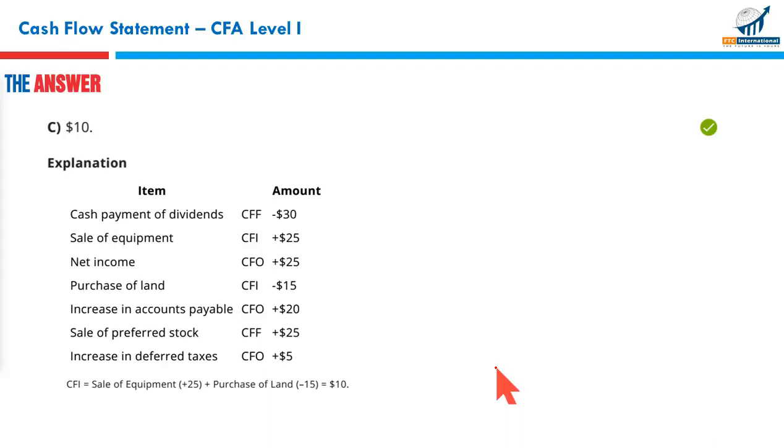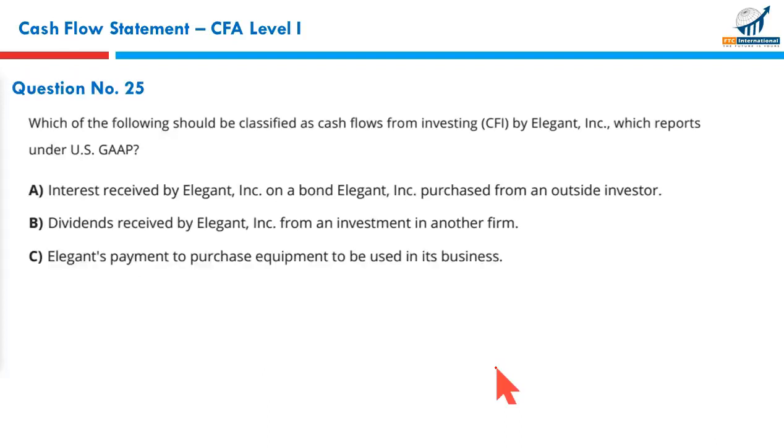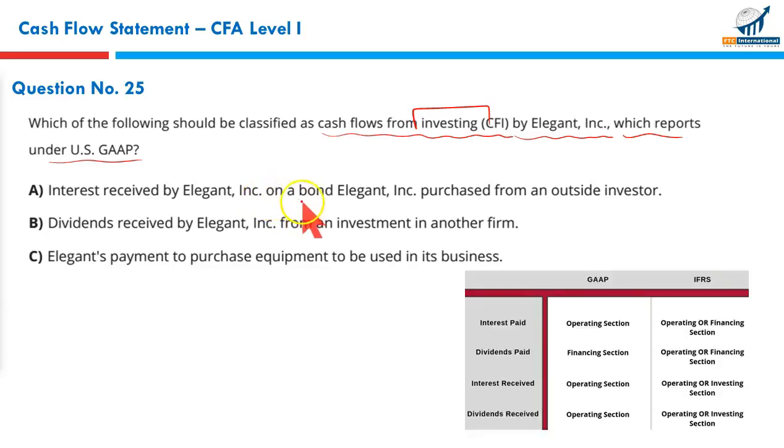Next, which of the following should be classified as cash flow from investing by Elegant Incorporated, which reports under the US GAAP? Interest received by Elegant Incorporated. As we have already seen, interest received is considered a part of operating, not investing.